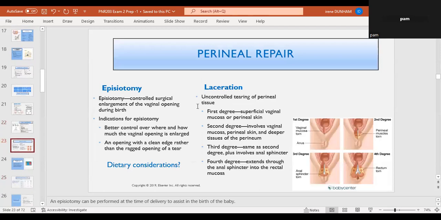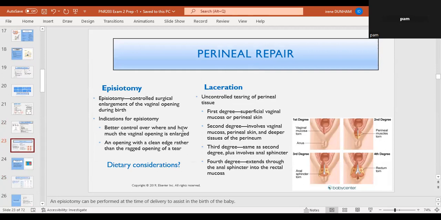All right. And here are your perineal repairs. And of course, again, going back to episiotomy. Episiotomy is a controlled surgical enlargement of the vaginal opening during birth. The indication for an episiotomy would be better control over where and how the vaginal opening is enlarged.